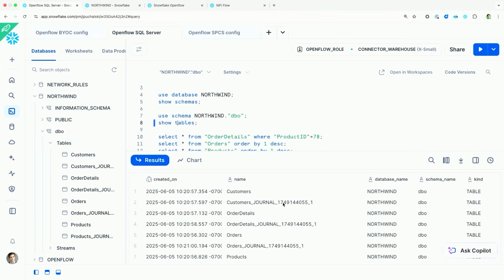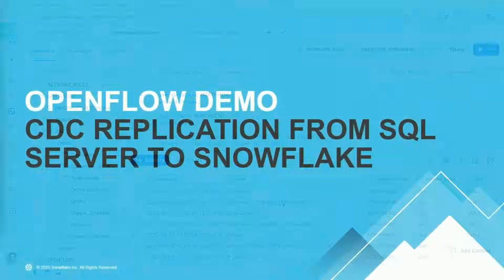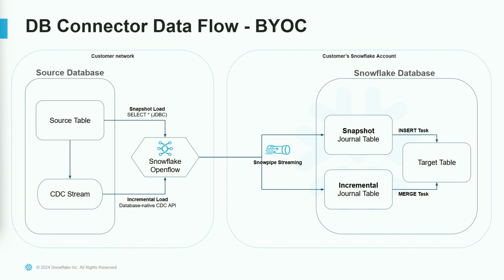And here's the thing. So let me maybe switch to slides for a moment so that I can actually explain it. So here's what we're doing. Snowflake Openflow is checking the change data capture stream, right? So it's actually doing 2 operations in parallel.